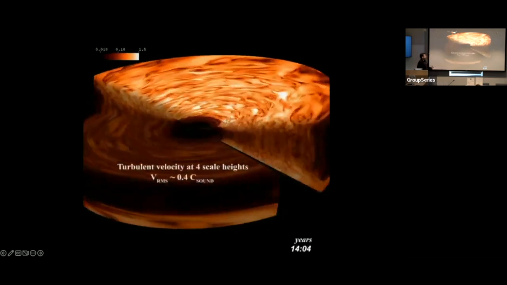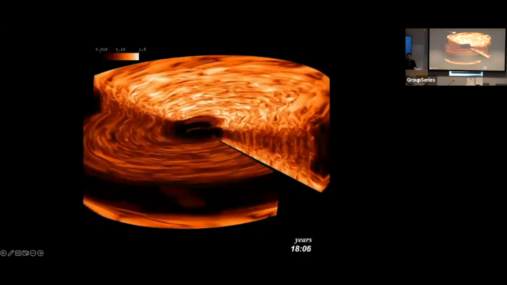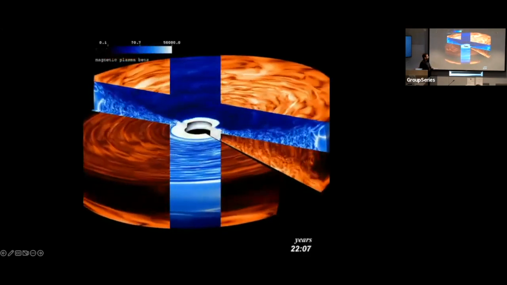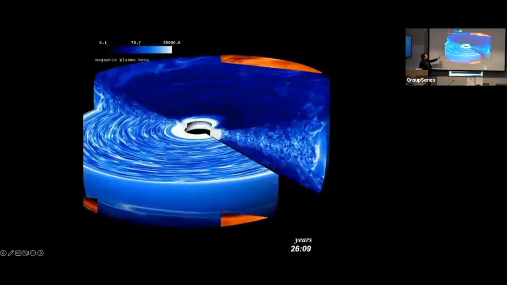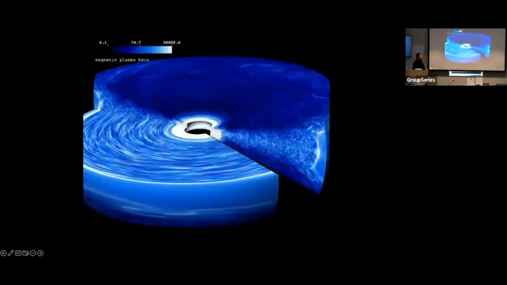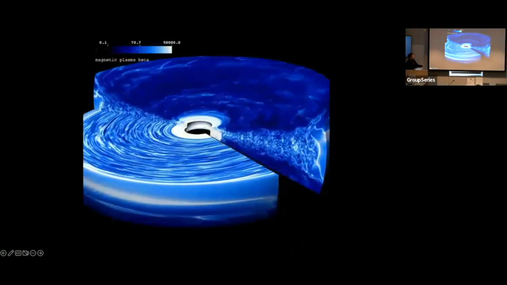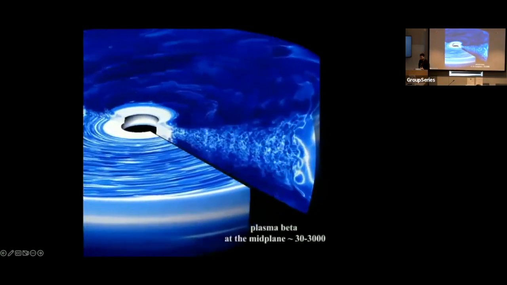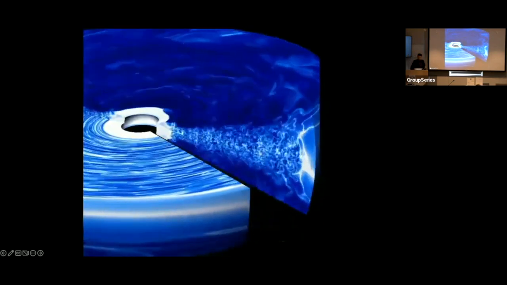The shear in the disk will make the magnetic energy grow, and then you set the whole disk in turbulence. It was showing the RMS speeds, and now in blue here showing the degree of magnetization. So the white parts are less magnetized, the dark parts more magnetized.